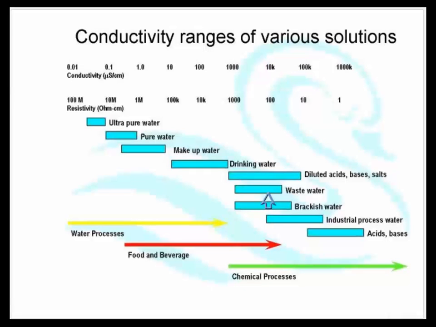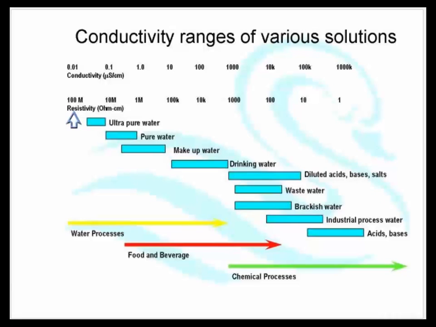And the dirtier the water becomes, so that if we get down to wastewater or brackish water, salt water, we see that salt water has got quite a low resistivity, about 100 ohms. So if you wanted to measure the purity of water, the easiest way is to measure the conductivity of water.